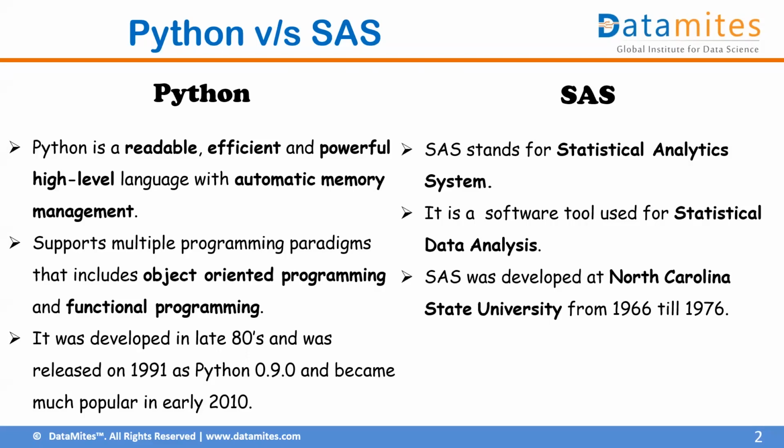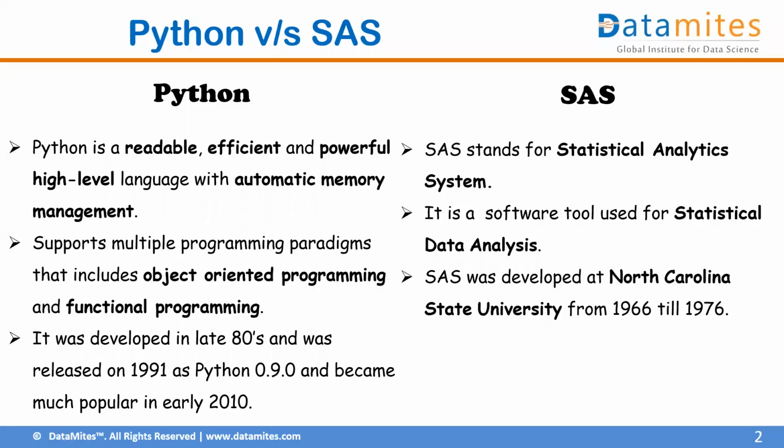Whereas Python is not like that. It is a general purpose programming language, and it also supports some programming paradigms like object oriented programming and some functional programming, apart from what it has on the baseline.